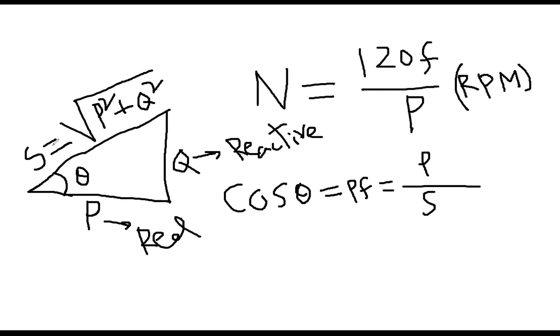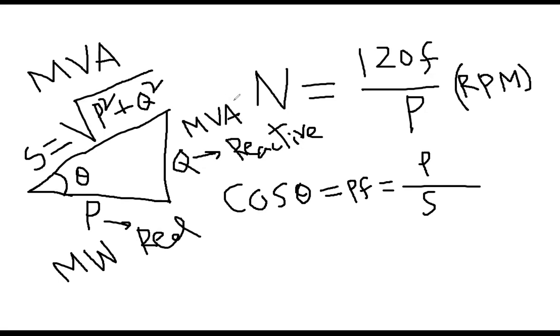And S is the apparent power, which is expressed in MVA. Therefore, this quantity is typically expressed in MVA. This one is expressed in megawatt, and this one is expressed in megawatt. So power factor is this one.